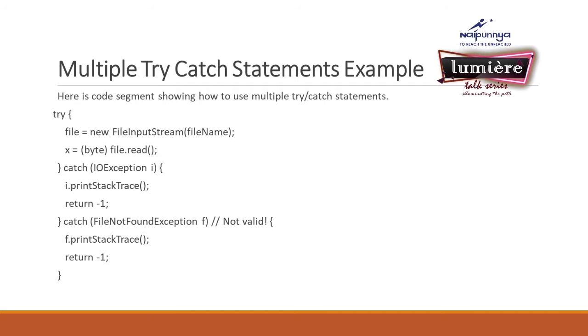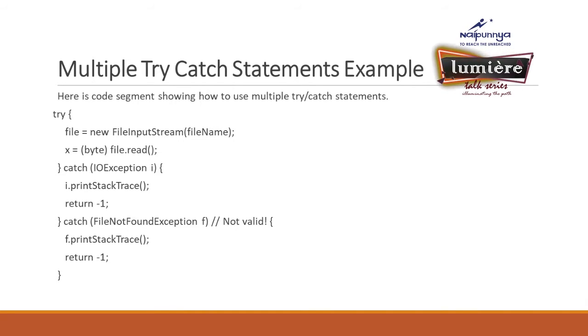Okay, so once an exception is generated, based on the type of exception generated, it will select which catch block needs to handle that exception. So here you can see that the first catch block is the IO exception catch block, the second catch block is the file not found exception, and we can even combine the catch block types, or create a parameter which has the capability of handling two types of exception.